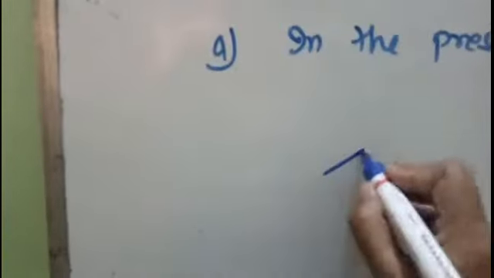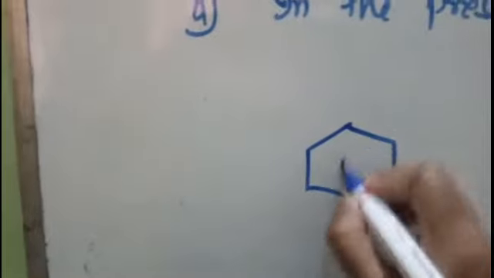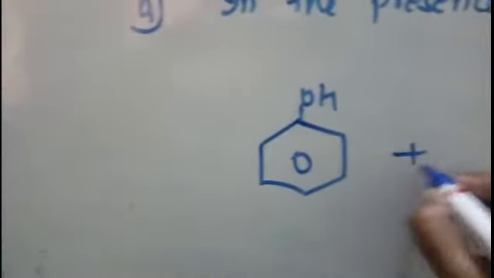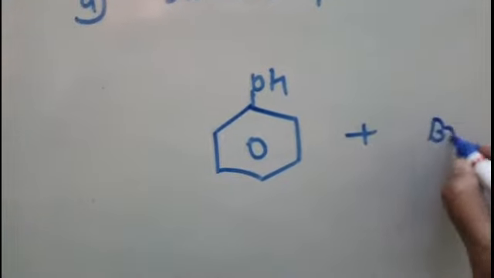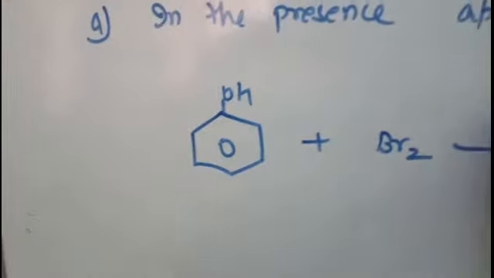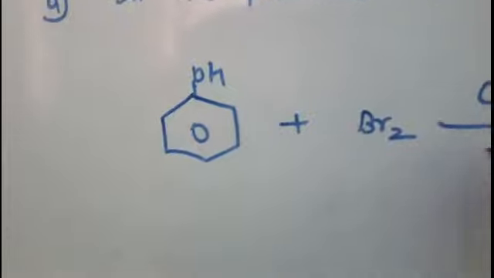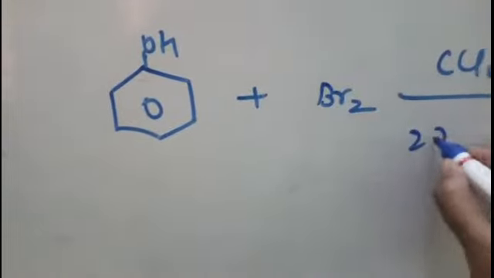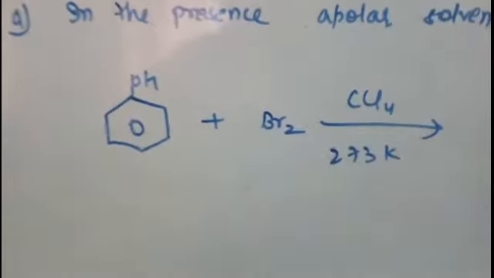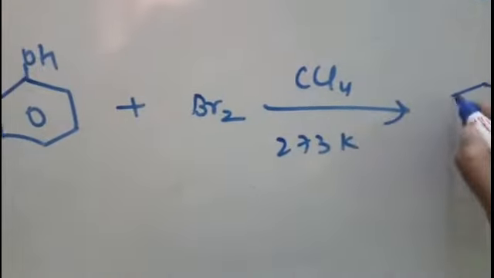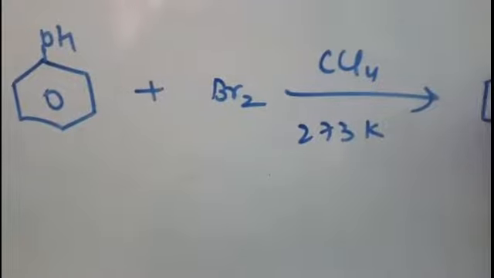So what happens when phenol is treated with bromine in the presence of this non-polar solvent at 273 K, means 0 degrees Celsius? See, low temperature. Then ortho and para substitution will take place.